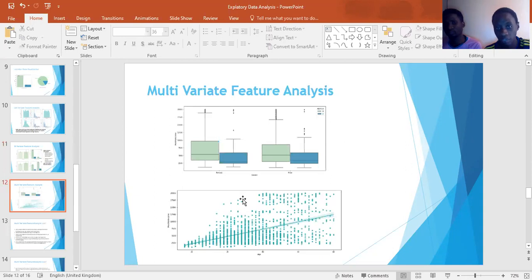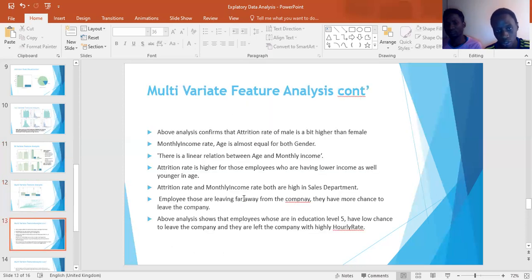Now in multivariate feature analysis, we compared a number of features and came up with these conclusions. The analysis confirms that the attrition rate for males is a bit higher than for females. Monthly income and age are almost equal for both genders. There is a linear relationship between age and monthly income.